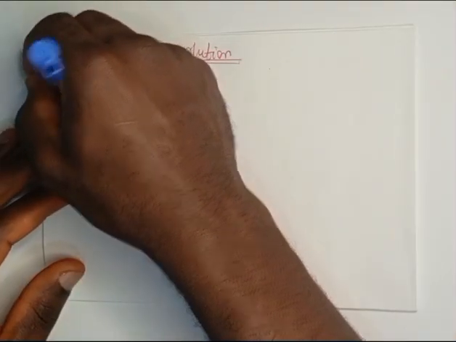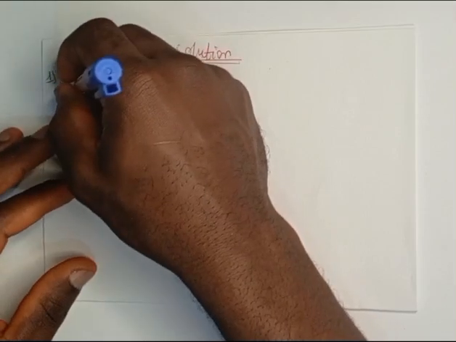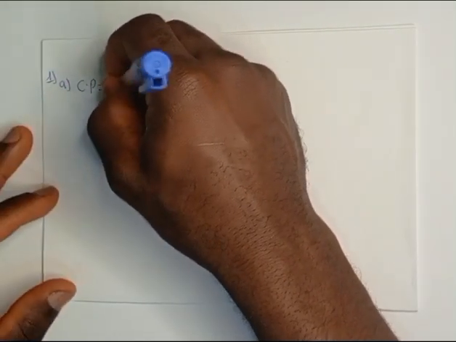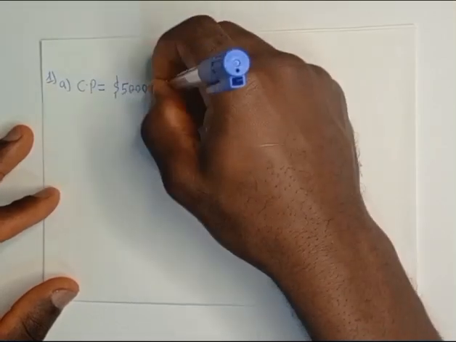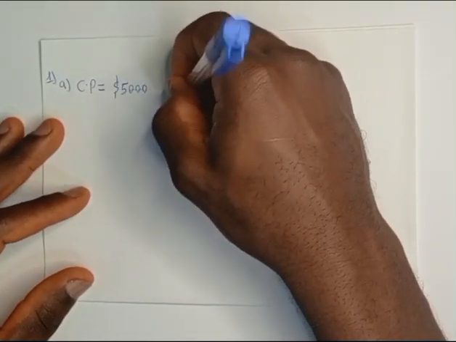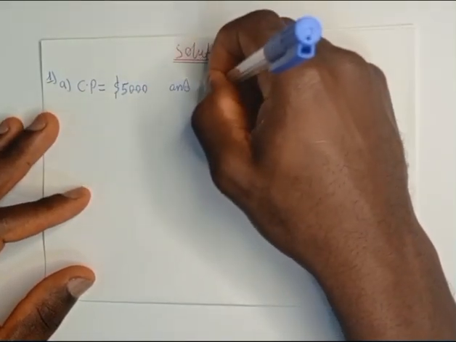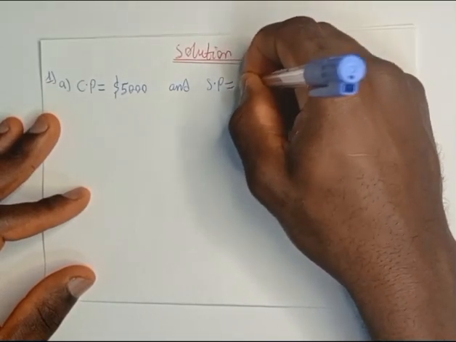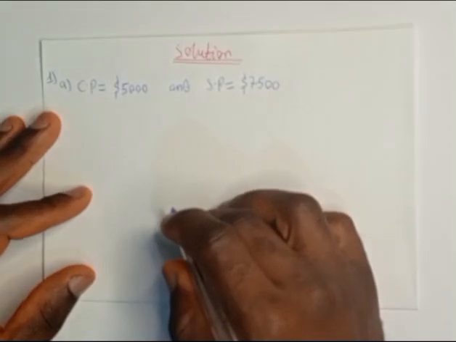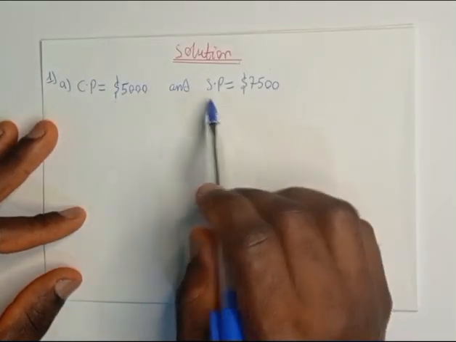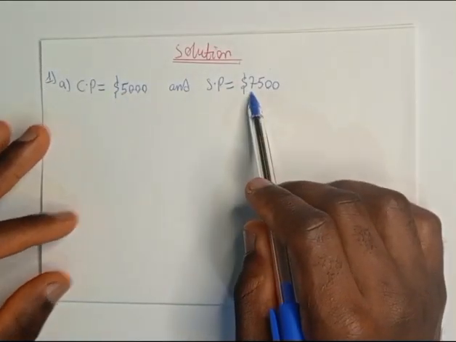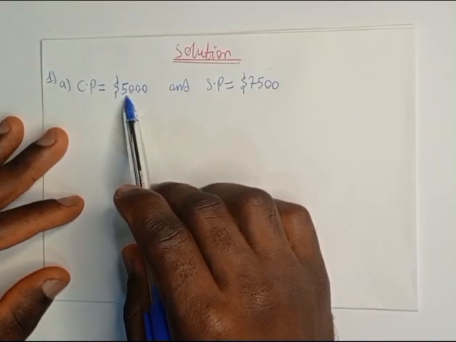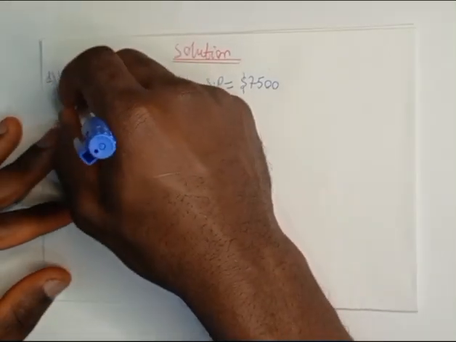Question 1. A. Cost price is equal to $5,000 and the selling price is equal to $7,500. Comparing the cost price and the selling price, you see that the selling price is higher than the cost price. That means a profit was made.